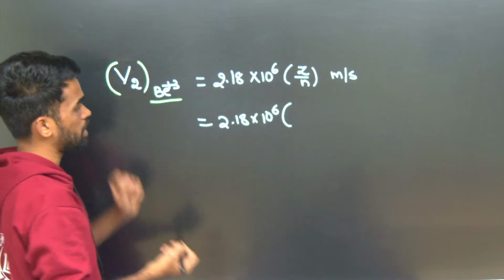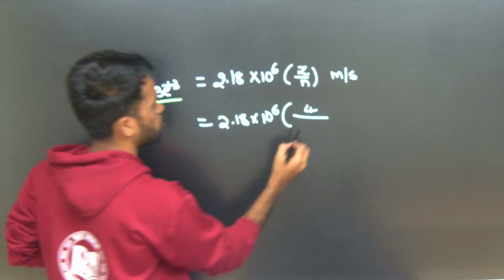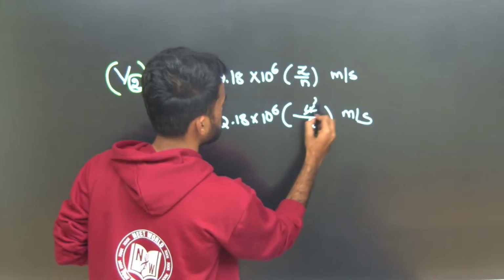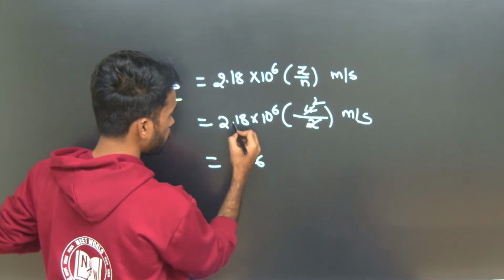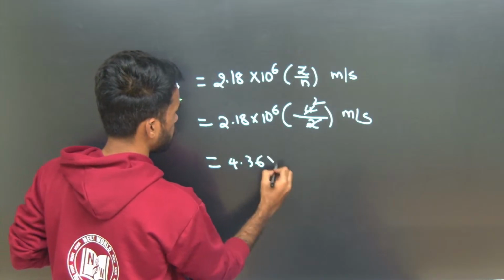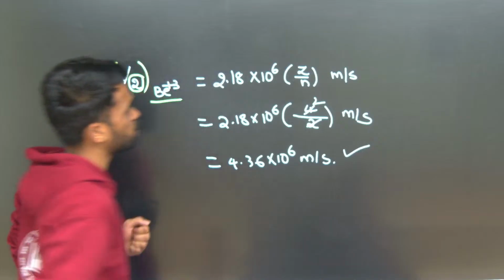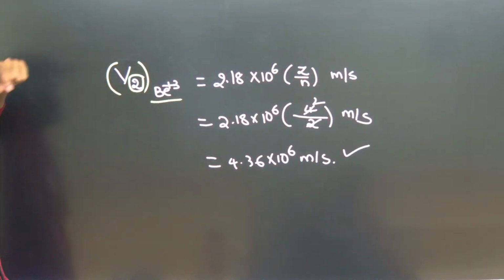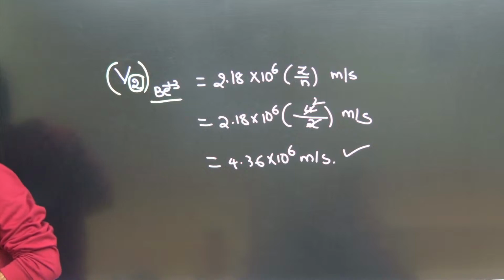The atomic number of beryllium is 4, and n is 2, since the second Bohr orbit is given. So 4 by 2, that is 2 times 2.18, which gives 4.36 into 10 power 6 meter per second. This will be the velocity of the electron revolving in the second Bohr orbit of beryllium plus 3 ion. Okay, let me move forward with a few more questions.